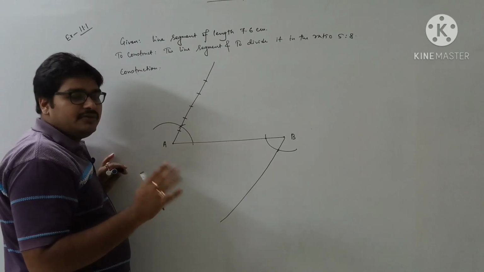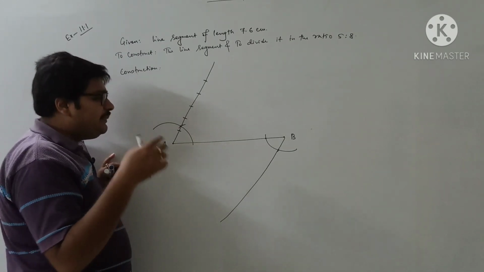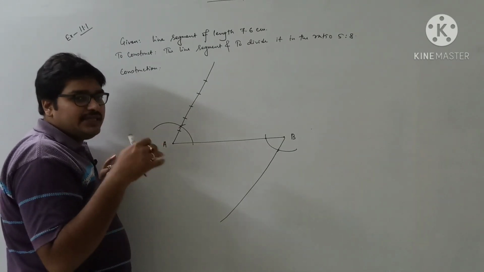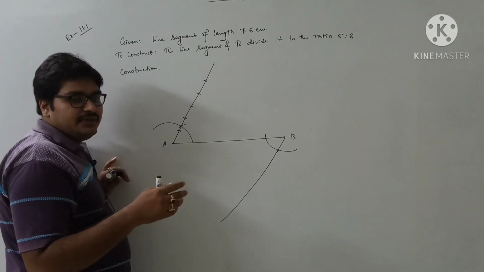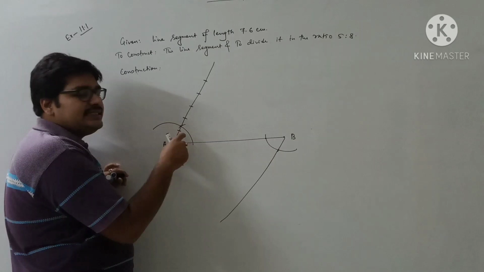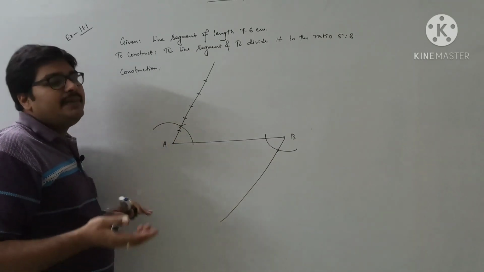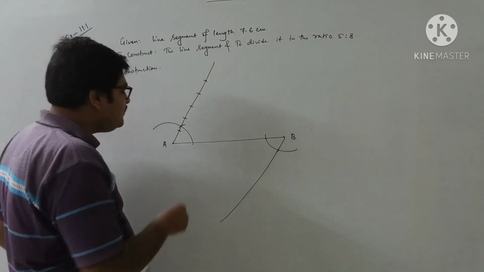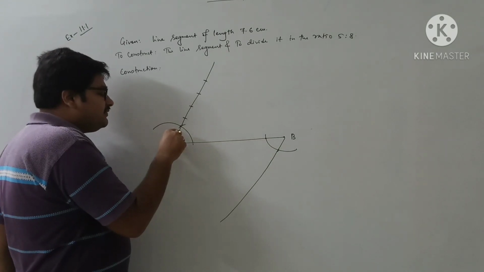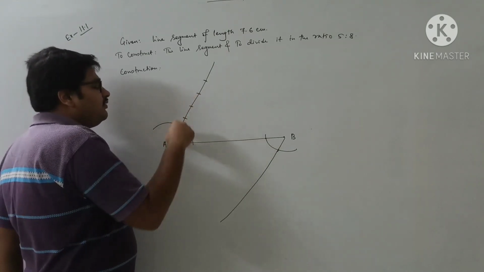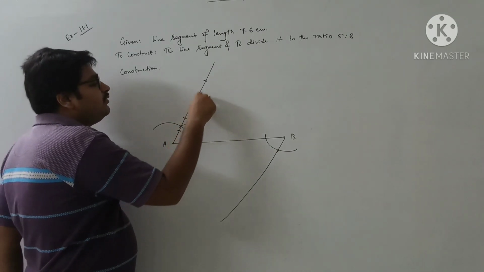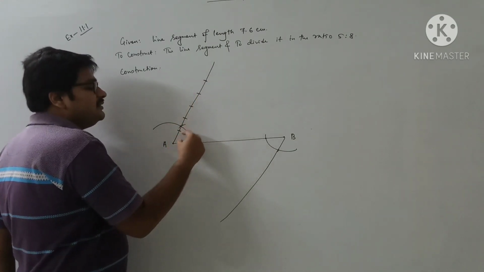So don't think that whatever I am doing you have to draw same to same. No, you just follow the methodology and the procedure. Wherever my first arc is, in your copy your first arc may not be there. So first of all I have drawn the first arc. Putting my compass here, then again like that 5 parts: 1, 2, 3, 4, 5, and all those 5 parts are equal to each other.